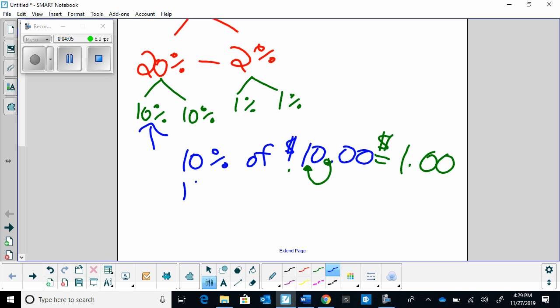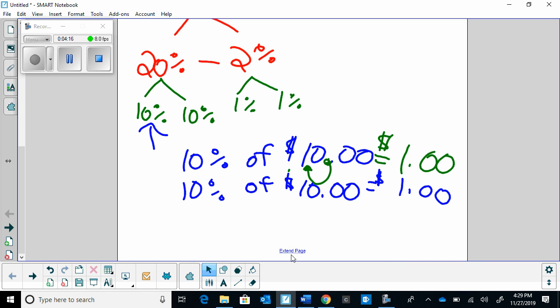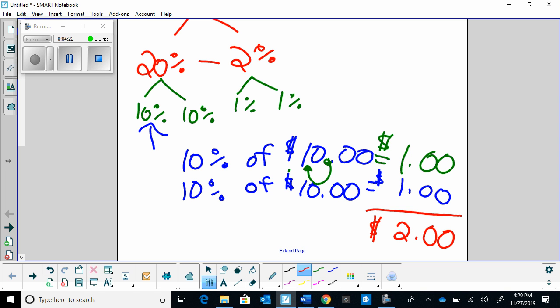So again, we need another 10%. That's going to give us 20% of $10, which again is going to be the same amount, $1. So 20% in total is going to be $2 then. 20% of $10 is going to be $2.